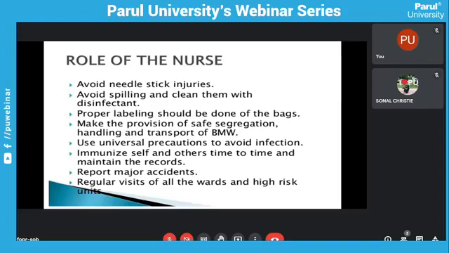Immunize self and others time to time and maintain records. Report major accidents in the hospital, then regularly visit hospital wards and high risk units to stop the spread of infection from patient to patient, from healthcare provider to patient, or from healthcare provider to healthcare provider.